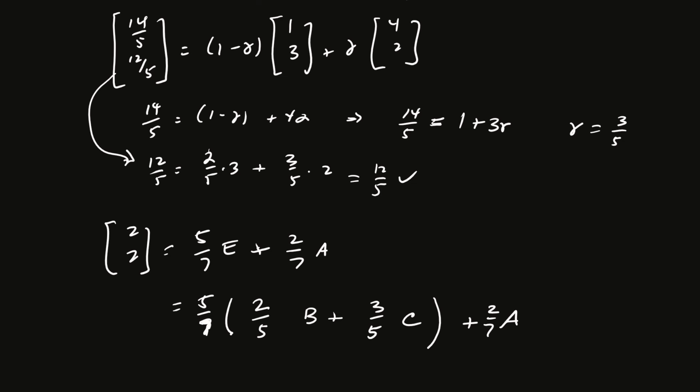There it is. So now you've written 2 as a convex combination of A, B, and C. Whew! That was a long one.